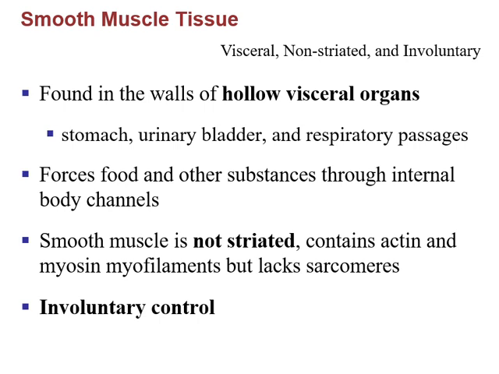Smooth muscle is not striated, but it does still contain actin and myosin myofilaments. Cardiac, skeletal, and now smooth all contain actin and myosin myofilaments. What smooth muscle does not have, though, is the organization of these myofilaments that produces sarcomeres. Sarcomeres are the smallest units of contraction in skeletal and cardiac muscle.